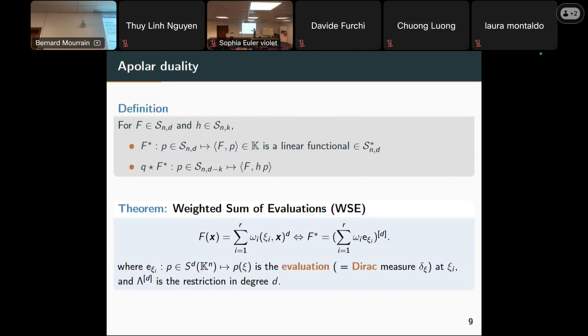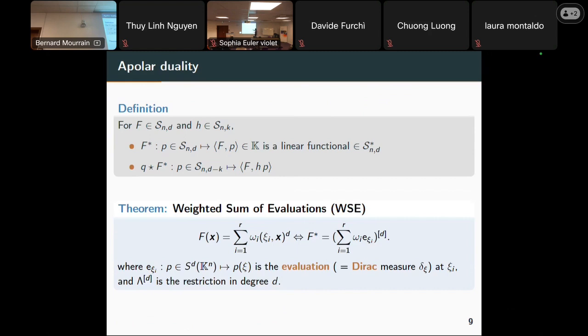This is equivalent to saying that F star, our linear functional, is a weighted sum of evaluations at the points. I denote by e_xi the evaluation, which is a linear functional that, given a form P, computes the value of P at xi.